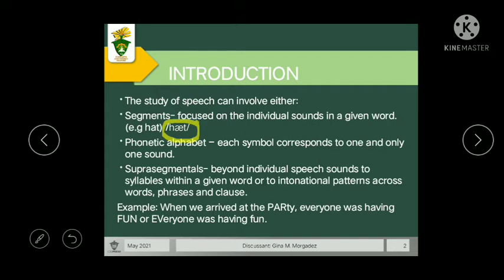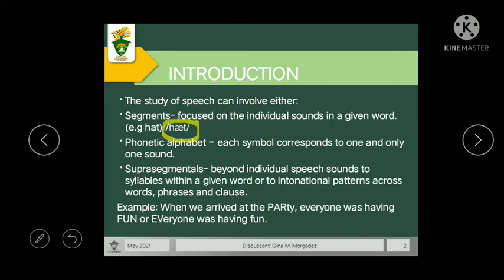The letter A in hat is pronounced as a short vowel, and the letter A in talk is pronounced as O. Hat and talk. Okay. Now let's proceed to the study of suprasegmentals.